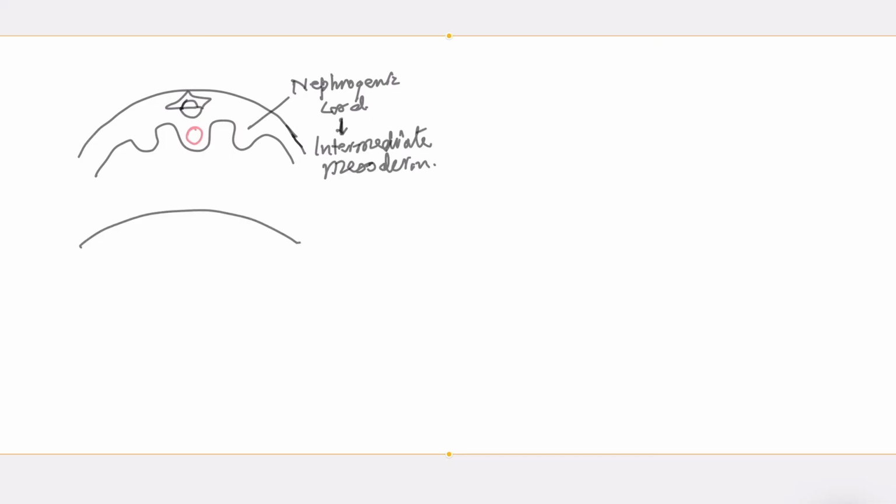To make it a little clearer, this swelling actually brings about these types of changes. This green portion that I have drawn here is going to develop into the nephrogenic cord, which vertically is like this, on both sides of the dorsal aorta.